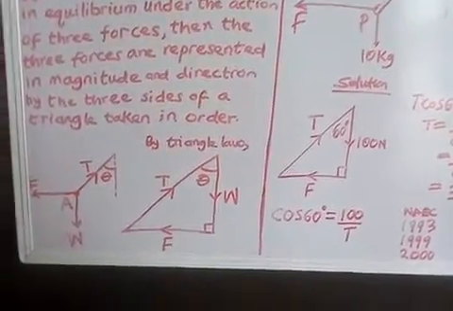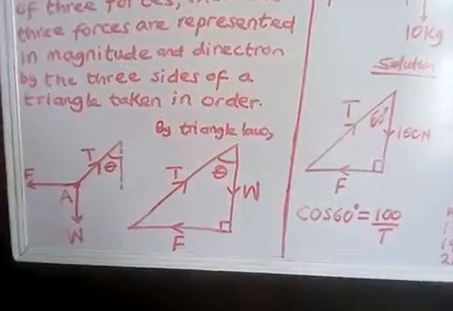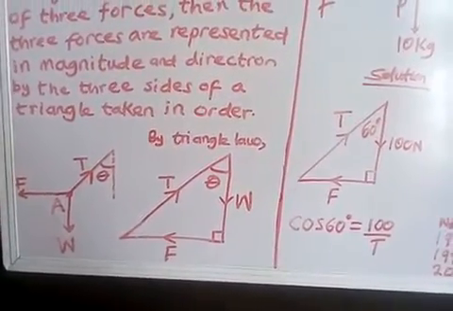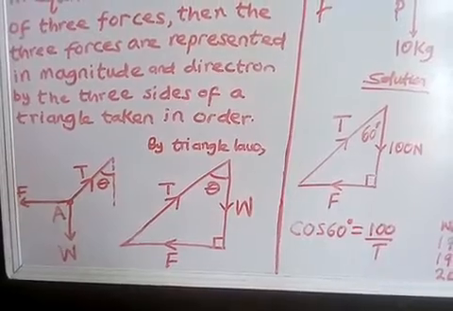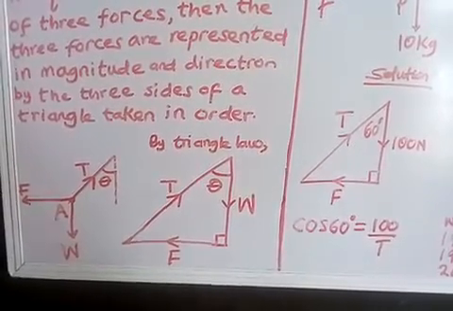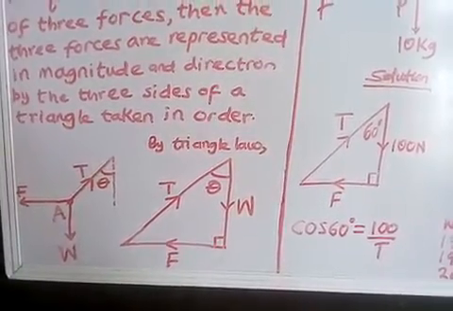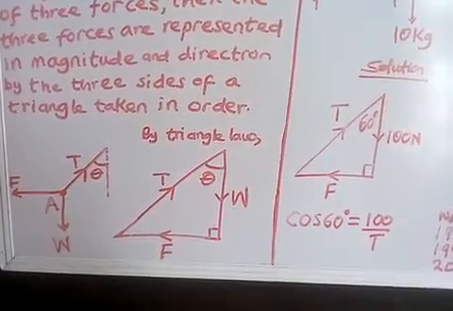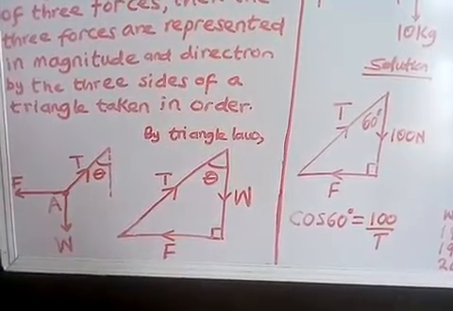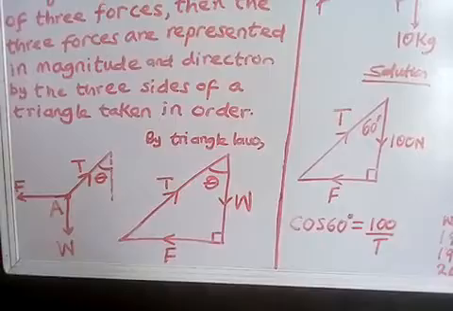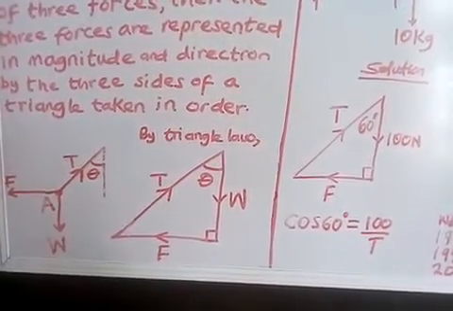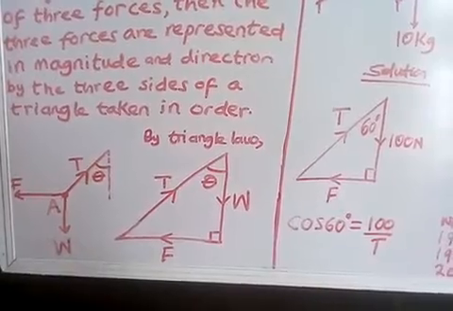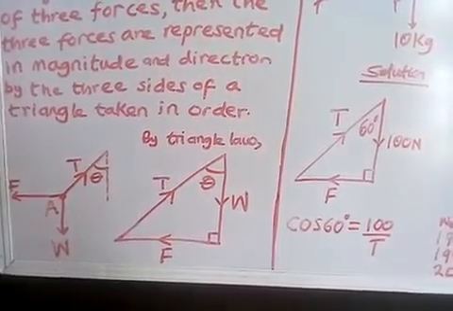Now, if you look critically at this triangle diagram, we have a body of mass A, given a weight W acting southward. We have the force acting in the west direction, and we have the tension being stretched upward with an angle of inclination theta.